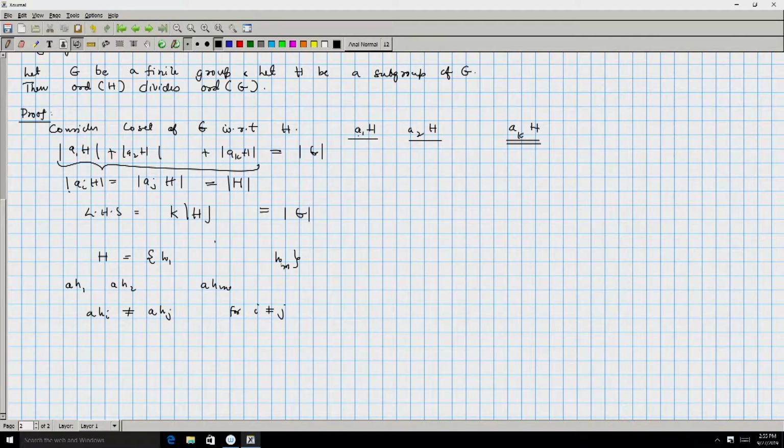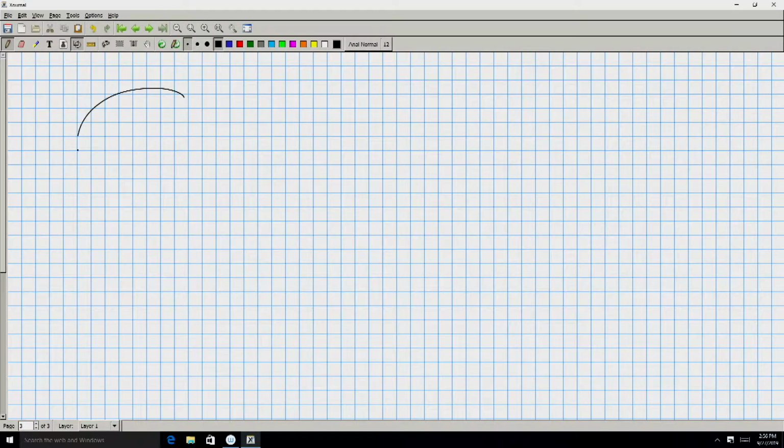The fact that this is a finite group was used when we said that these partitions have a fixed number of elements and each coset is of finite size. Let us consider a group and the cosets corresponding to H, say AH, BH and so on.